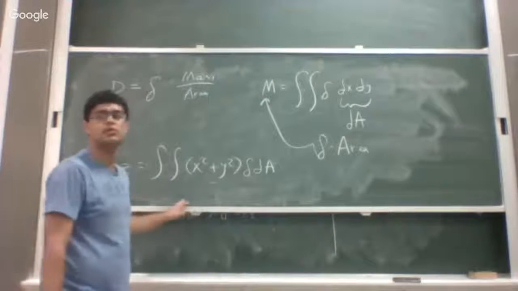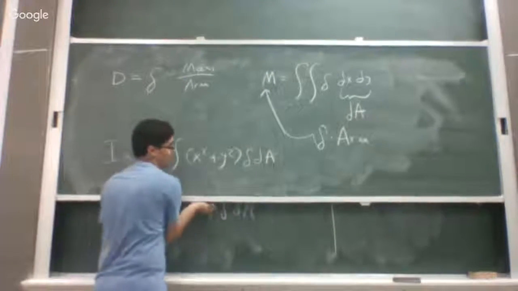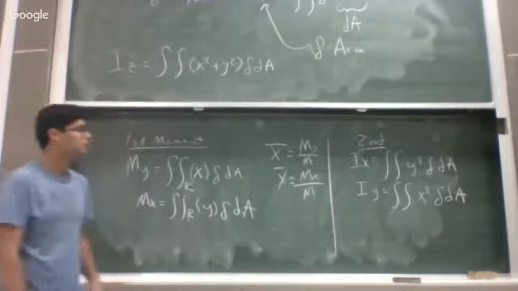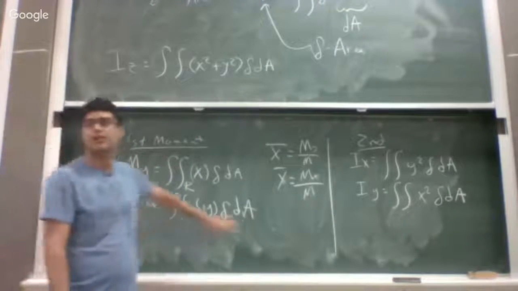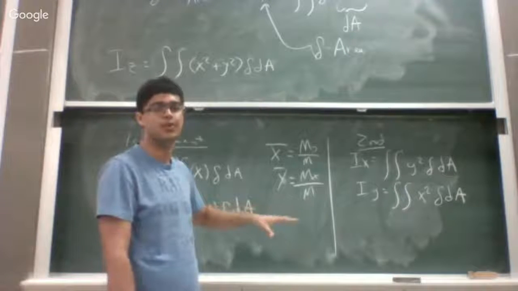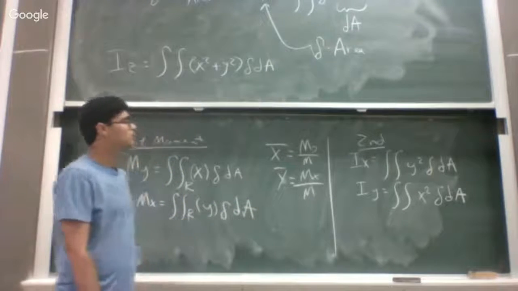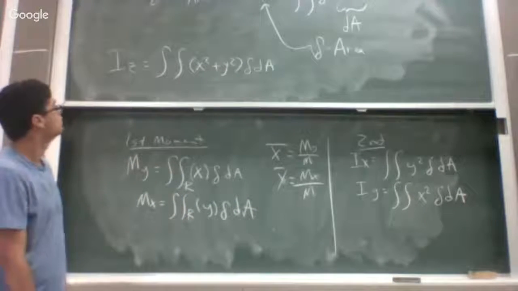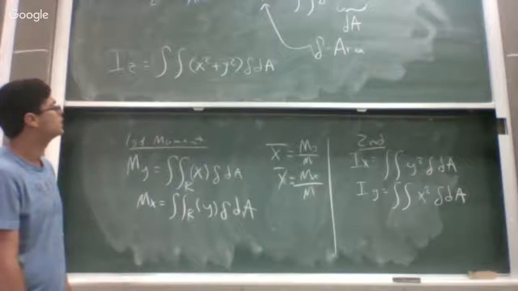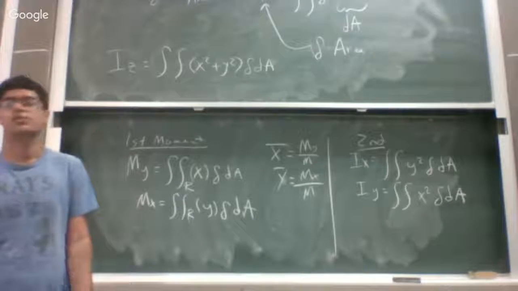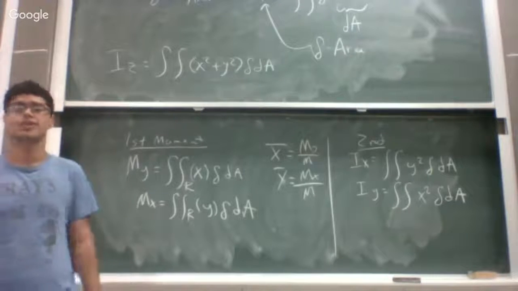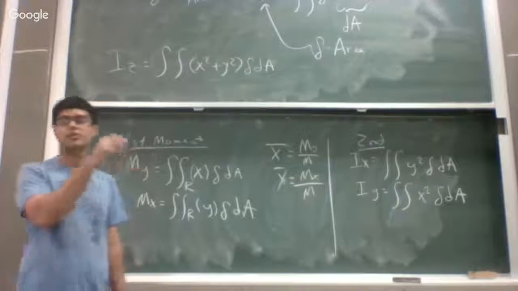So, do you need to see that? I'm writing these because you should memorize them. Why is Iz x squared plus y squared? Is that like z? Like a triangle, x squared plus y squared equals z squared?